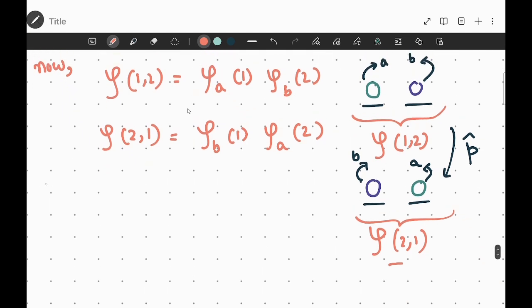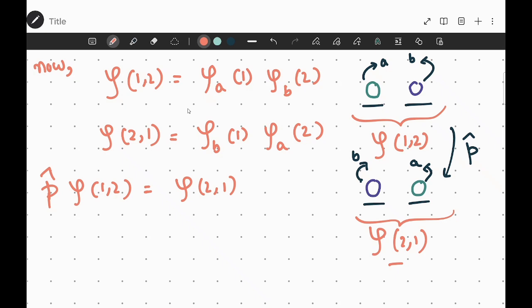You know that when you operate a permutation here, you will eventually have this: psi 1, 2 becomes plus or minus psi 2, 1. The reference elements that we have discussed.